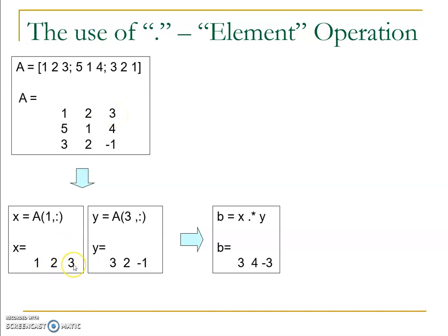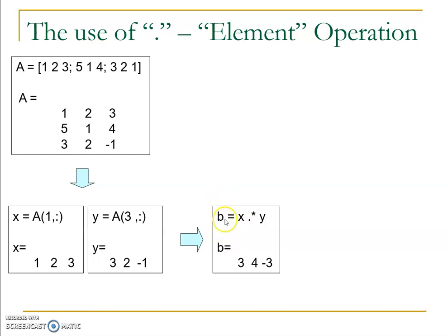Similarly, y is equal to A of 3, comma, colon means the third row, complete columns till the last column. So you have the third row as 3, 2 and minus 1 as your y.